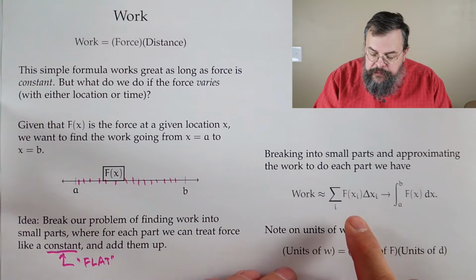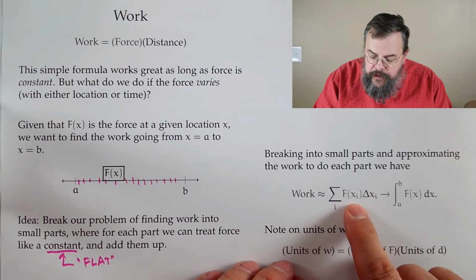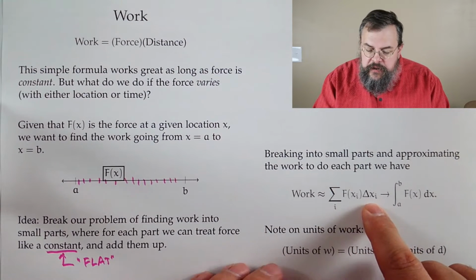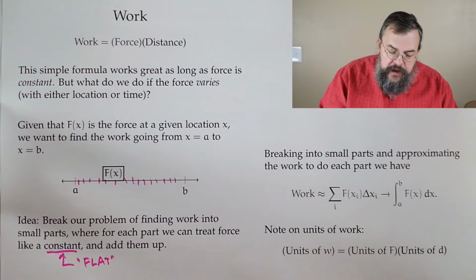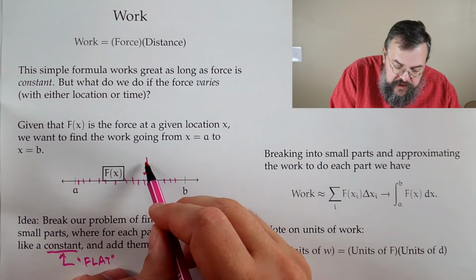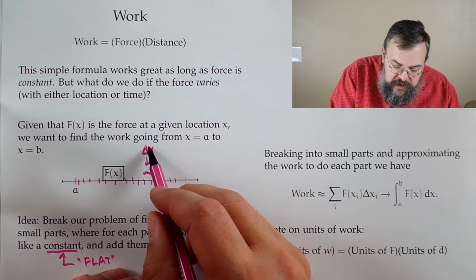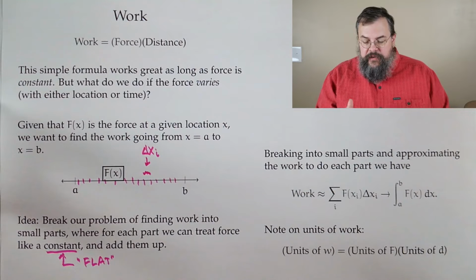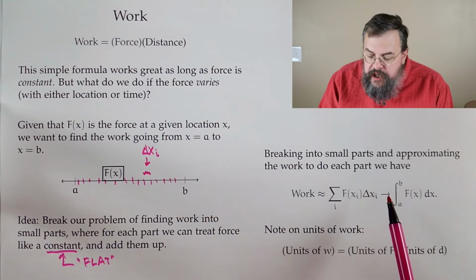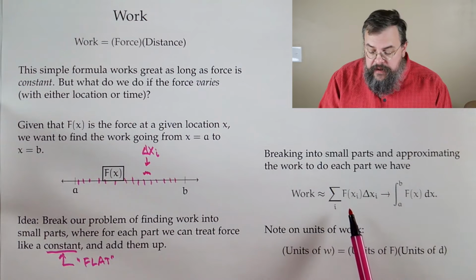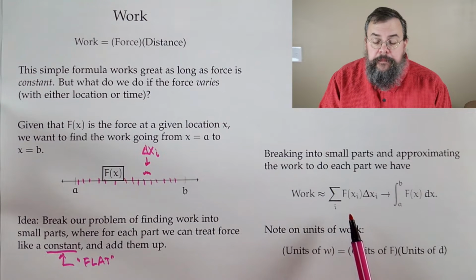So in particular, the force at that location times the distance, that little part, so the delta x_i, that's the little piece right here. This is our delta x_i. The subscript i is just saying the ith one, because we're breaking up into lots of little ones. So here's the little piece of work in the ith step.